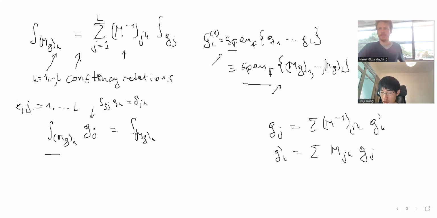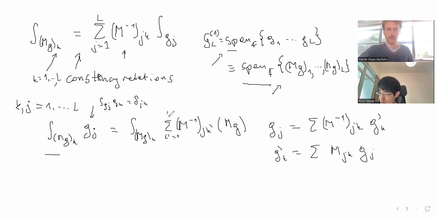Here I might be messing up the orders of indices, but that's roughly this. So now I can basically write here that Gj is m to minus 1 gk. And then here I will not write gk prime. I will directly write m on g. And here I will need k prime from 1 until L. And here I have k prime as well.